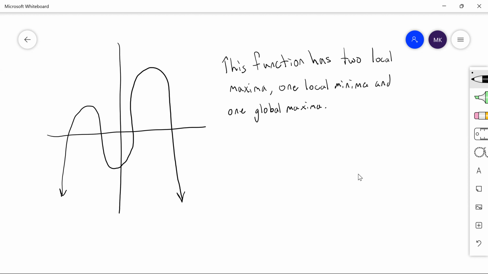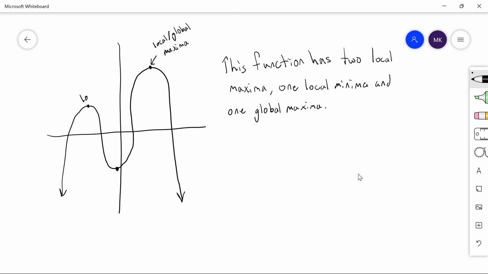Okay. So anytime we have this peak like this, or this dip like this, we get a local maxima or local minima. So each of those points are local maximum or local minimum. Global maximum or minimum is either the highest or lowest point of a function. So this point here is both a local and a global maxima.